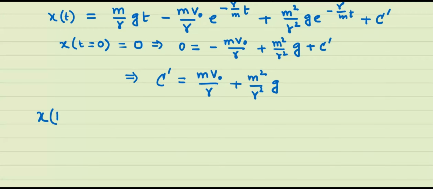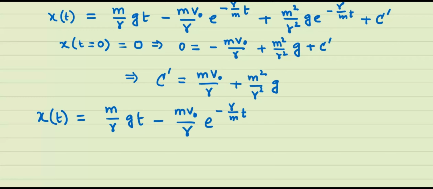We get x of t equals m divided by gamma gt, and then minus m v naught divided by gamma e to the power negative gamma divided by m t, and then of course plus m squared over gamma squared g e to the power negative gamma divided by m t plus, wait, I messed up with a negative sign, I guess.